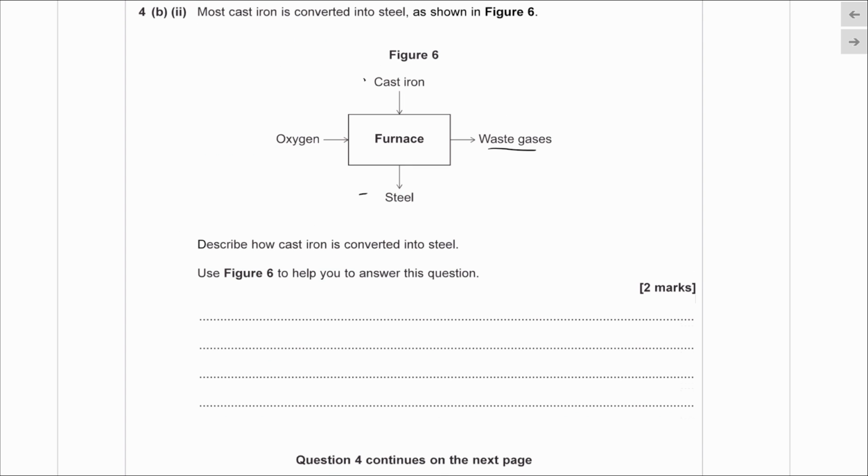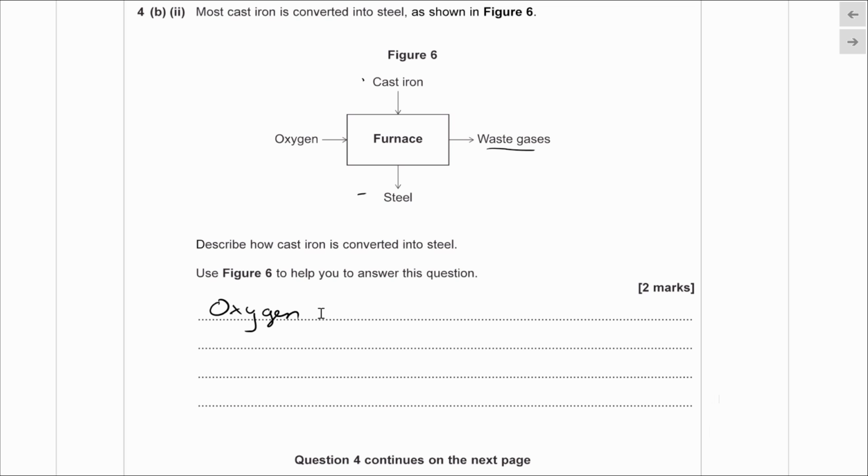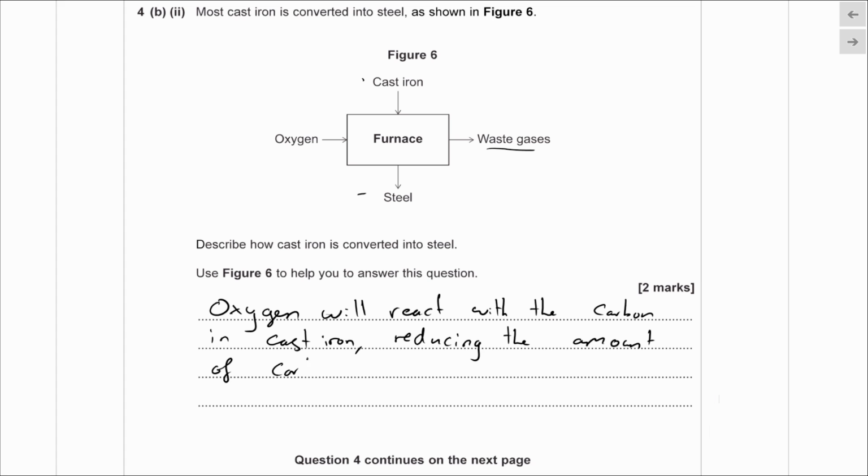That's the oxygen's job. So oxygen, okay, oxygen will react with the carbon in cast iron, reducing the amount of carbon.